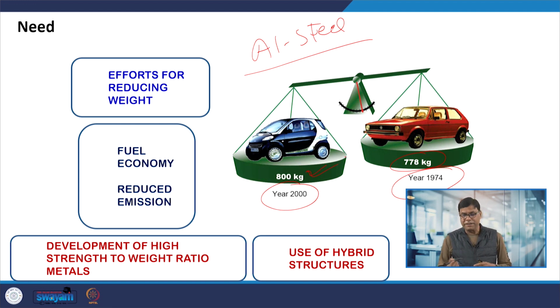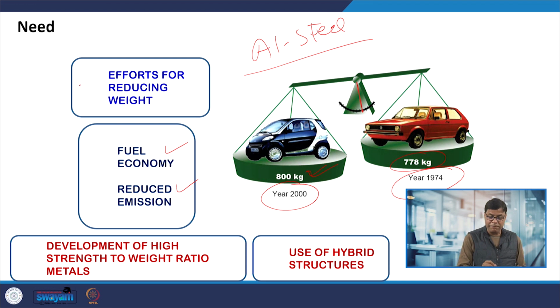A lot of efforts are being made to reduce the weight, like a lot of advanced steels being used for fabricating components in the automotive sector. At the same time, non-ferrous metals are also being used, like magnesium and aluminum, and even plastics and polymer composites, so that the weight of automobiles can be reduced to enhance thermal efficiency. Fuel economy can be enhanced and emissions can be reduced.